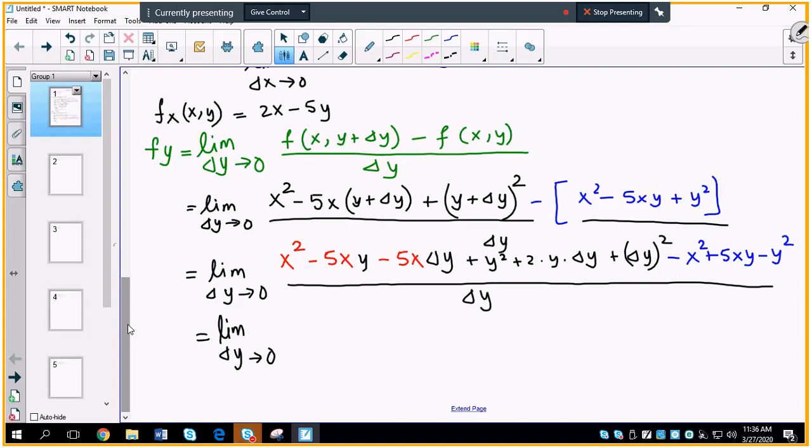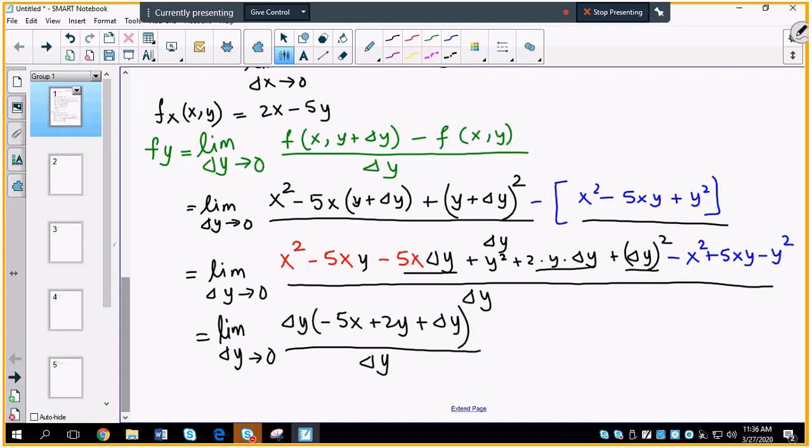And then I will factor out the delta y, and I will get minus 5x, and I will get plus 2y plus delta y. So these are the only 3 terms that have delta y, which are going to be contributed. The rest of the terms are just going to be cancelled over delta y.